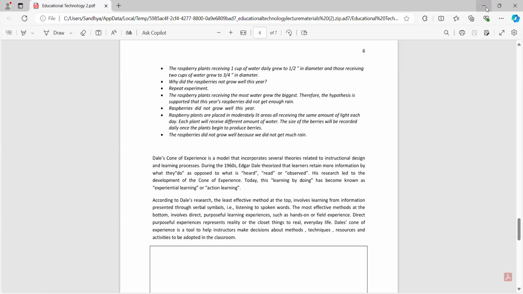Then we discussed two teacher-centered methods: lecture method and demonstration method. Under lecture method, we discussed the features of lecture method and how to make it more effective. Under demonstration method, we discussed the qualities of a good demonstration.